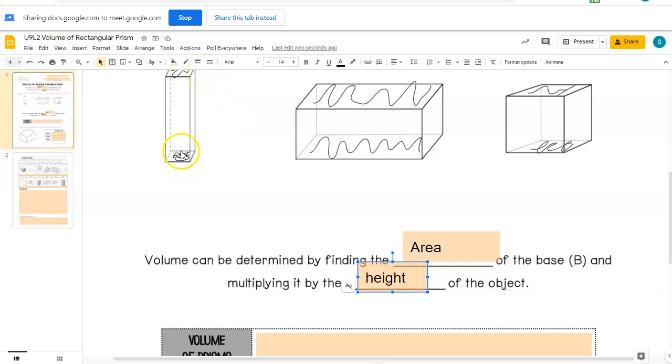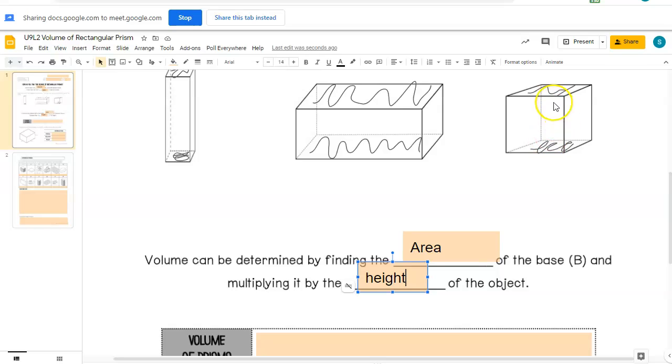So if there were, say, 4 cubes on the bottom, and it was 7 stacks of 4, that would be 4 times 7. If there were 20 on this bottom row, and it could stack up 4 tall, then it'd be 20 groups of 4. So the area of the base tells us how many cubes are in a row, or in a sheet, and then times the height.